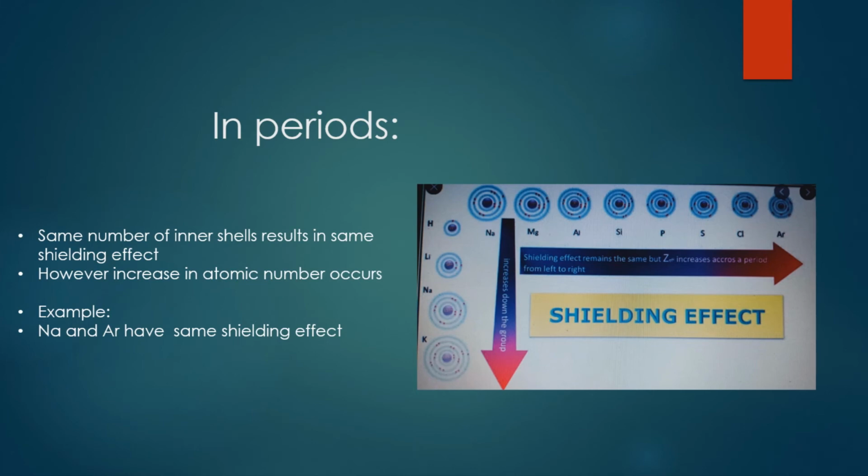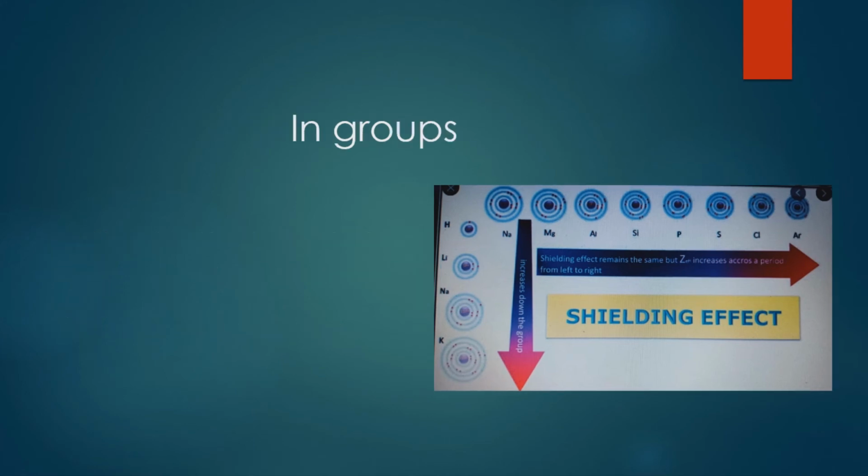So the atomic number of argon is 18, whereas the atomic number of sodium is 11. Though the atomic number increases from left to right, because of constant inner shells or inner electrons, the shielding effect remains constant.